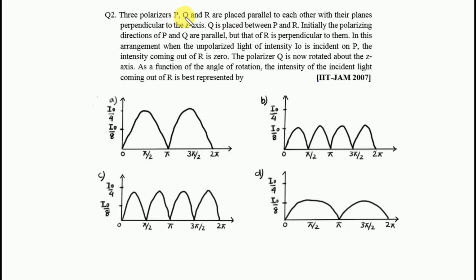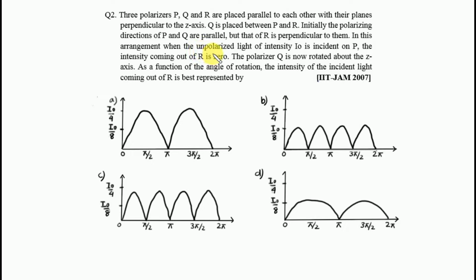Since the polarizing direction of Q is parallel to that of P, the intensity after passing through Q will remain as I naught by 2. The polarizing direction of R is kept perpendicular to that of P and Q, so after passing through R, the light completely extinguishes because the intensity drops down to 0. That is the initial instant.